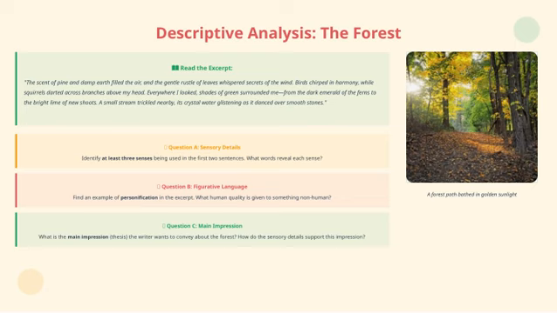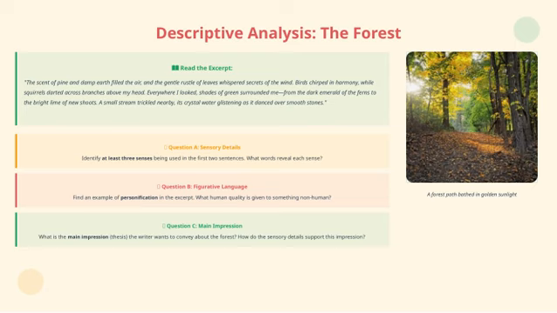Next, let's identify an example of personification. The excerpt says that the rustling leaves whispered secrets of the wind. Here, the leaves are given the human ability to whisper, which adds a poetic touch and brings the scene to life, making it more engaging. Finally, the main impression the writer wants to convey is that the forest is a lively, vibrant, and almost whispering entity.